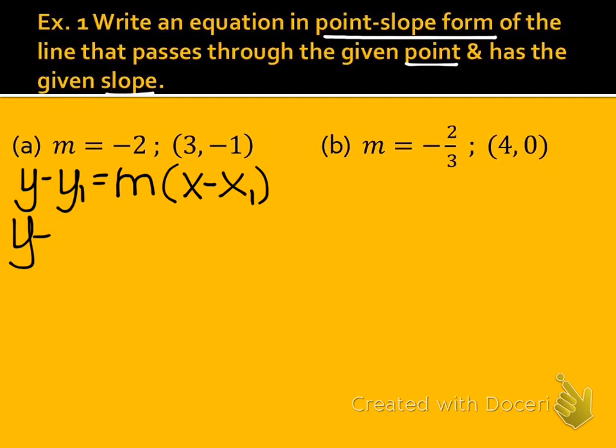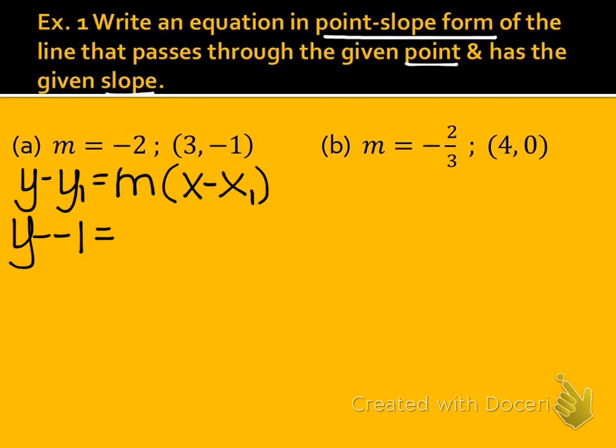What is the y coordinate of the point they've given us? -1. Please do not think that the minus in the form replaces the negative in front of the 1. That's two separate negative signs, so you've got to write them both down. So y minus -1 equals, what's the slope they give us?